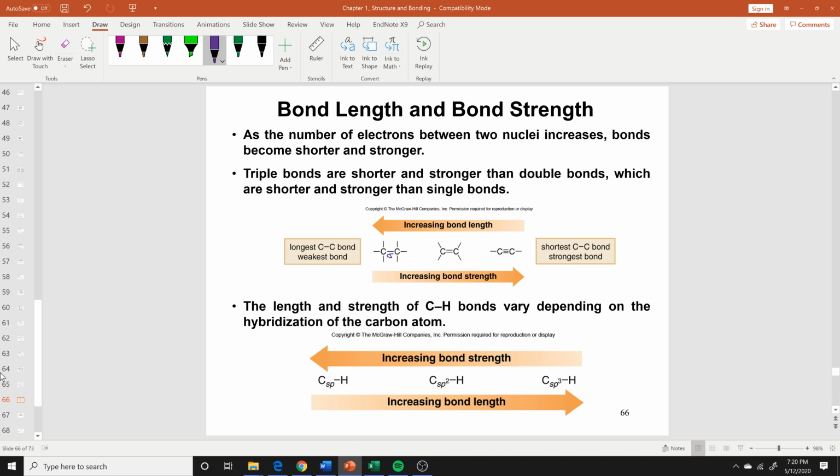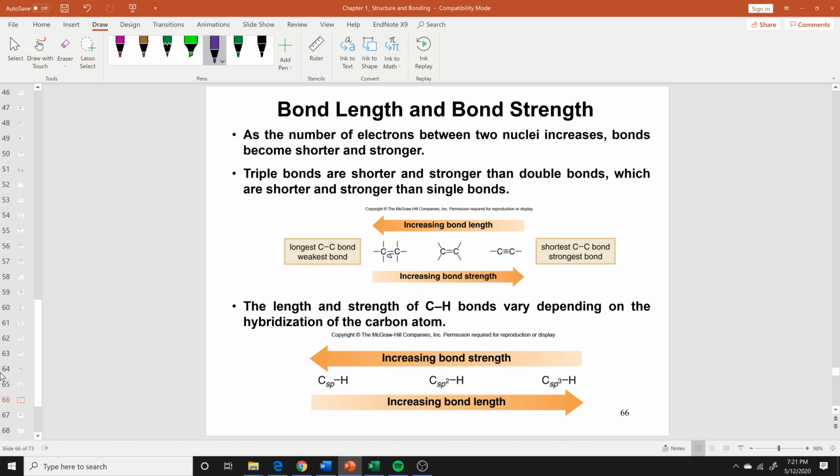And as the bond length is shortened, the strength of the bond is going to be higher. So it's going to take more energy to break a triple bond than breaking a double bond, than breaking a sigma bond. You can break the sigma bond with less energy. You would need higher energy to break a triple bond.